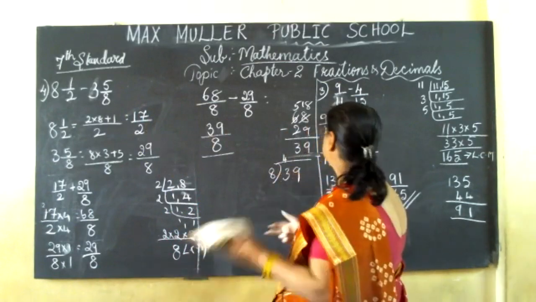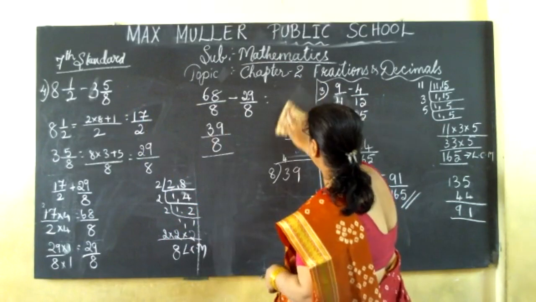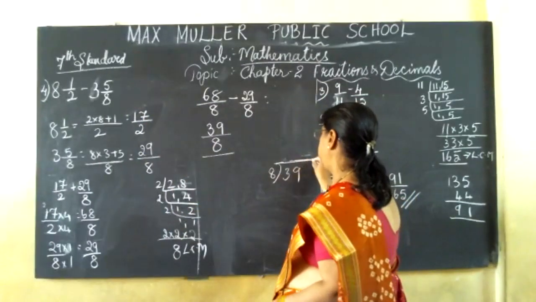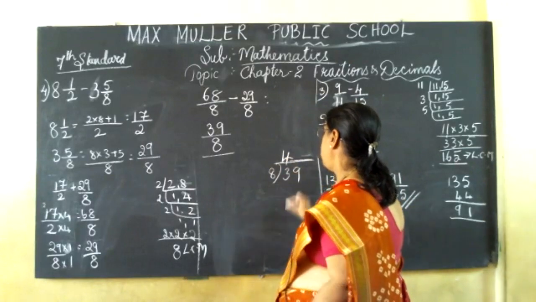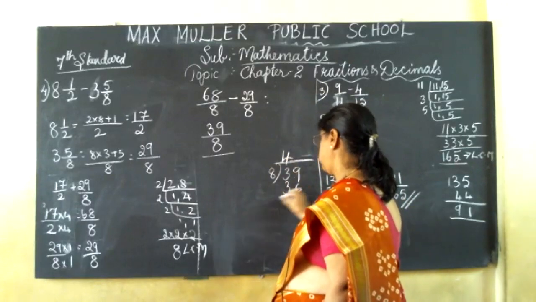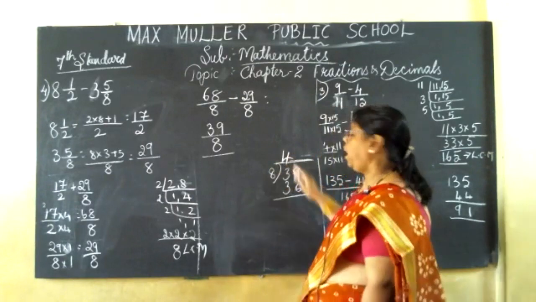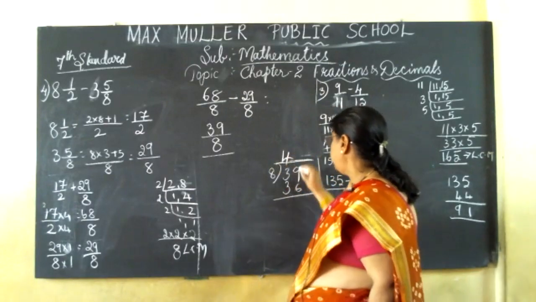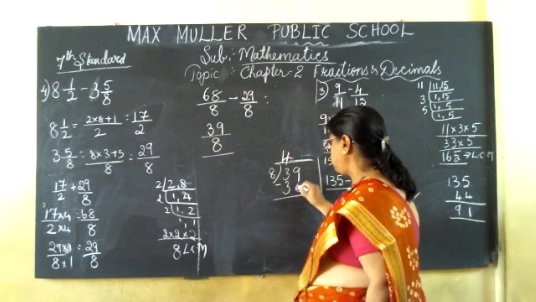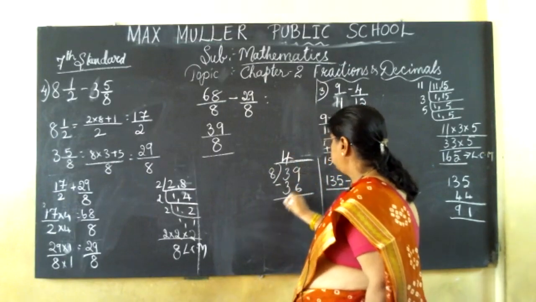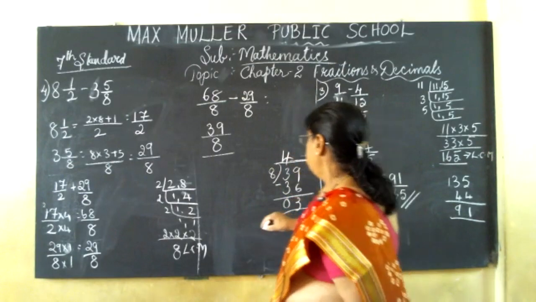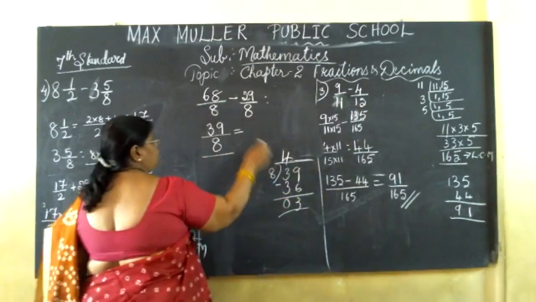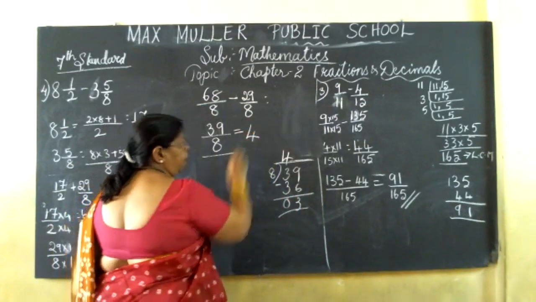Wait a minute, because you should know properly. 8 fours are 32, 8 fives are 40, in the nearest number you know to divide, no need of teaching that. 8 fours are 32, then subtract this. 39 minus 32 is 7. So this quotient will be the whole number.